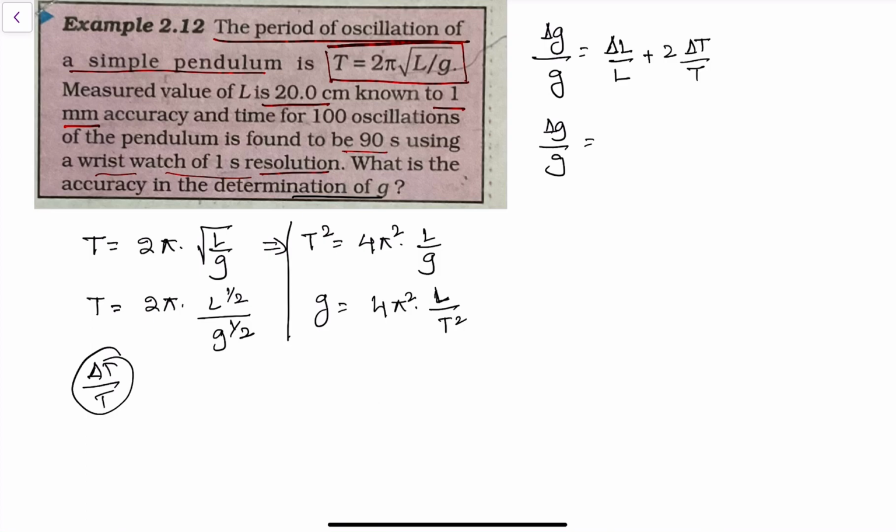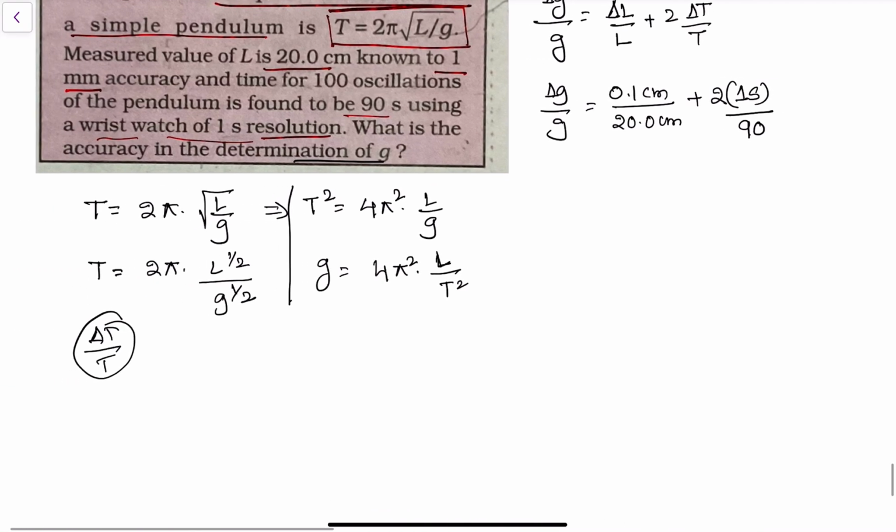It is 1 mm, which is 0.1 centimeter, by the length 20.0 centimeter, plus 2 into, what is delta T, the limit of resolution? 1 second, by the time, 90 seconds.